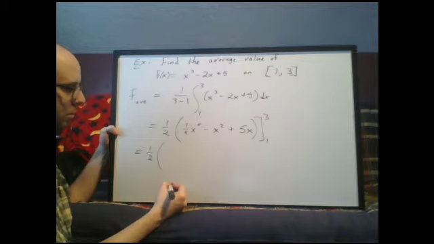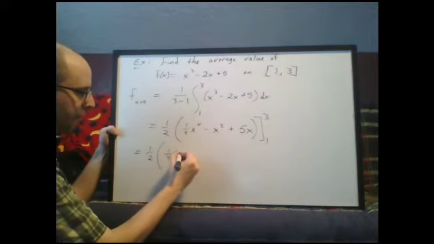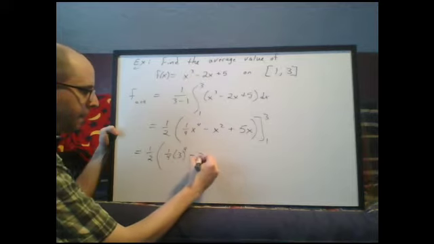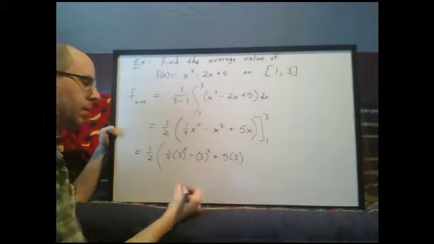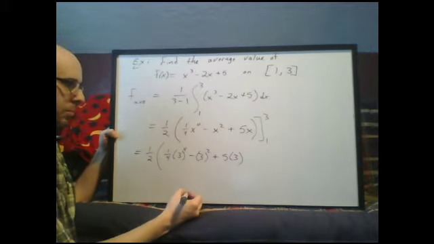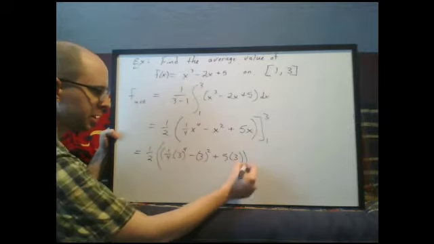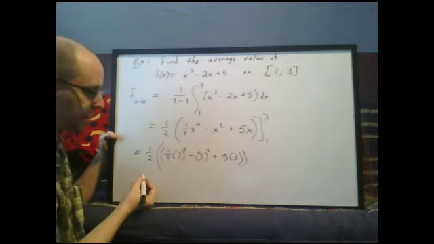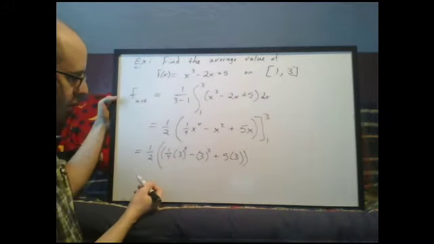Okay, so let's plug in 3. And then I need to plug in 1. Let me be careful here. I have to make sure that this 1/2 is applied to everything. So let's just do a big set of parentheses here and have 1/2 outside of everything.